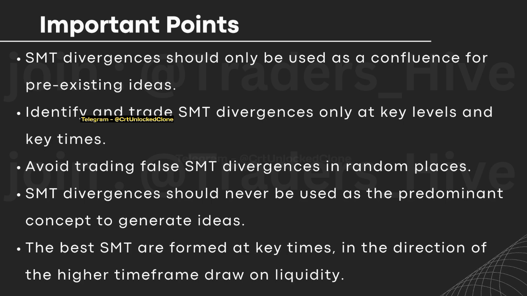Avoid trading false SMT at random places, and you know how you're going to do that, which is by using filters. The best SMT are formed at higher time frame key levels at key times in the direction of the higher time frame drawn liquidity, right? These are some important points that you must write down.